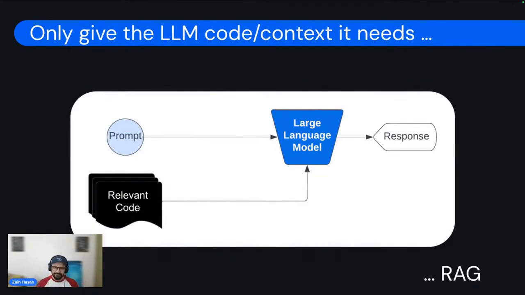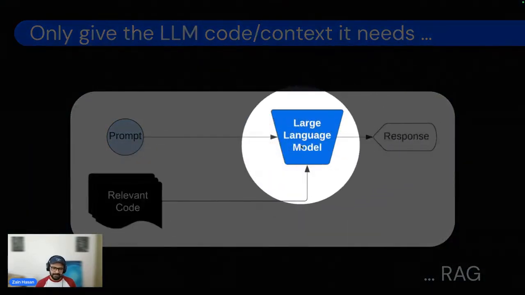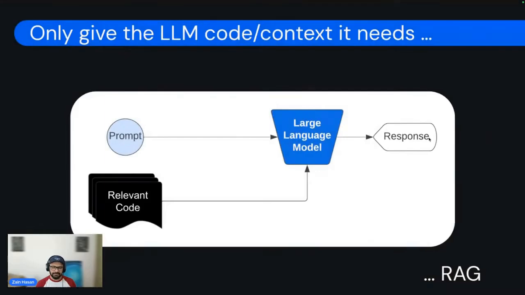And this is just another way to say that we want to do RAG over a code base. Right? A code base could be millions and millions of lines of code, and we only want to extract out the chunks of a code base, the functions or the methods in a code base that are relevant for the language model. And that's exactly what retrieval augmented generation is, right? I'm retrieving the relevant code from my code base, and then I'm stuffing it into the context of the language model so that the response could be more relevant.